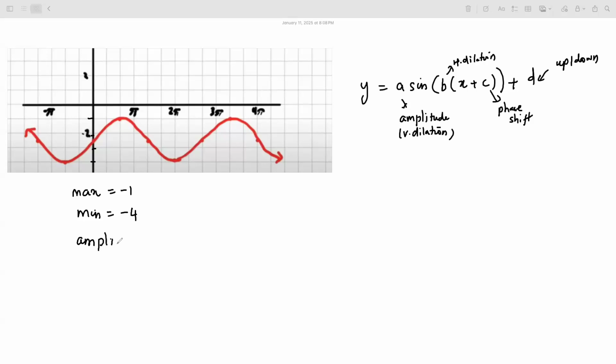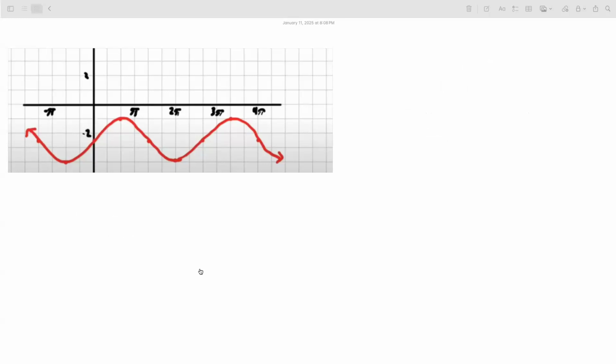Amplitude is... what is midline? What is the formula for midline? How do you find the midline from max and min values? Max plus min divided by 2.